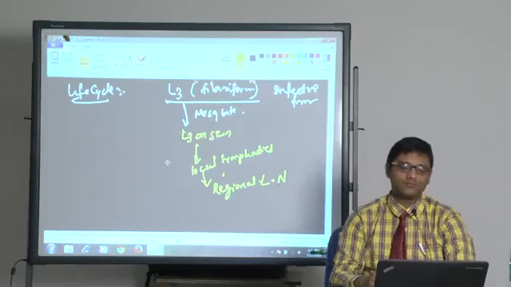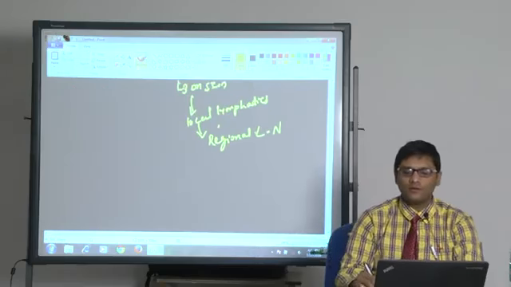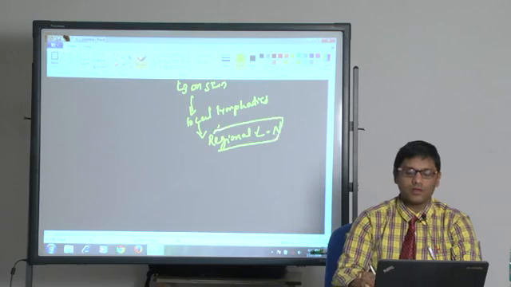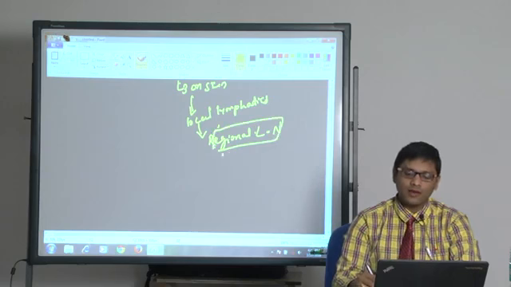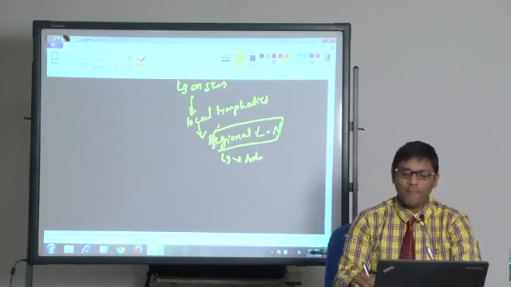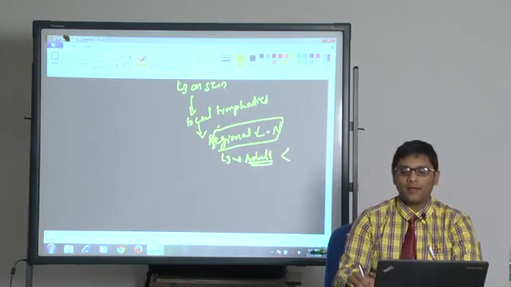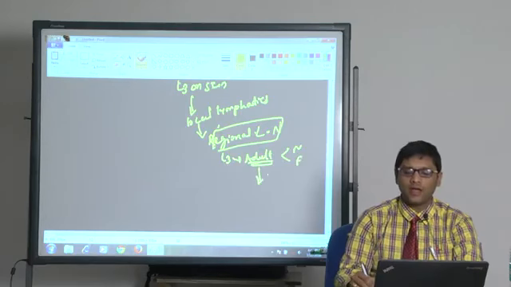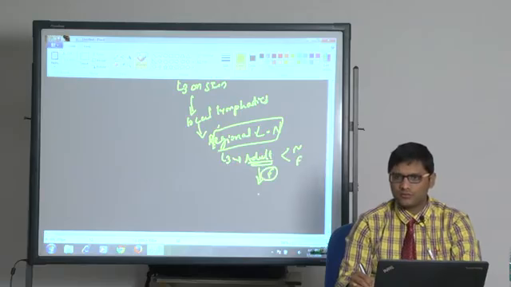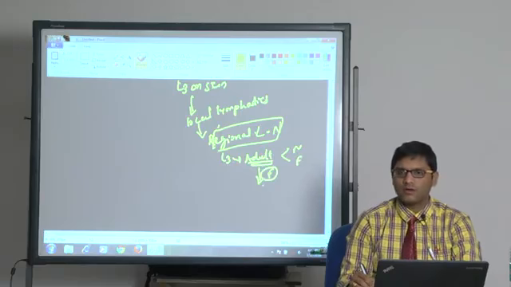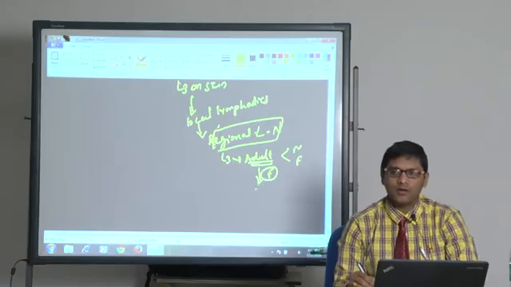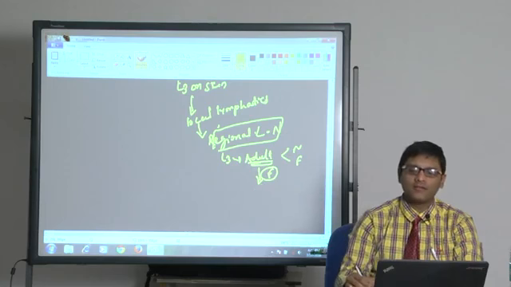Regional lymph node. So when they go to the lymph node, inside the lymph node the L3 larva will become adult. Adult male and female undergo fertilization to produce no egg. They are viviparous.